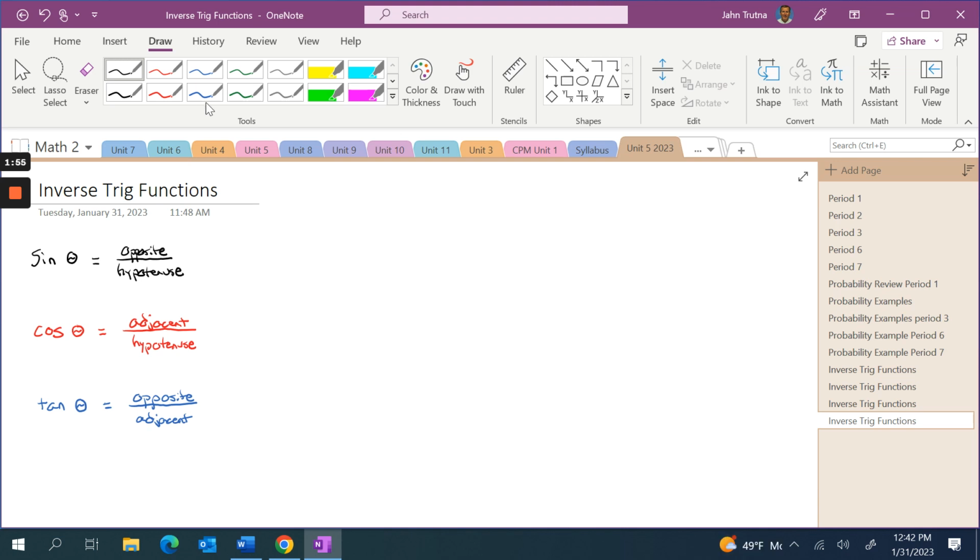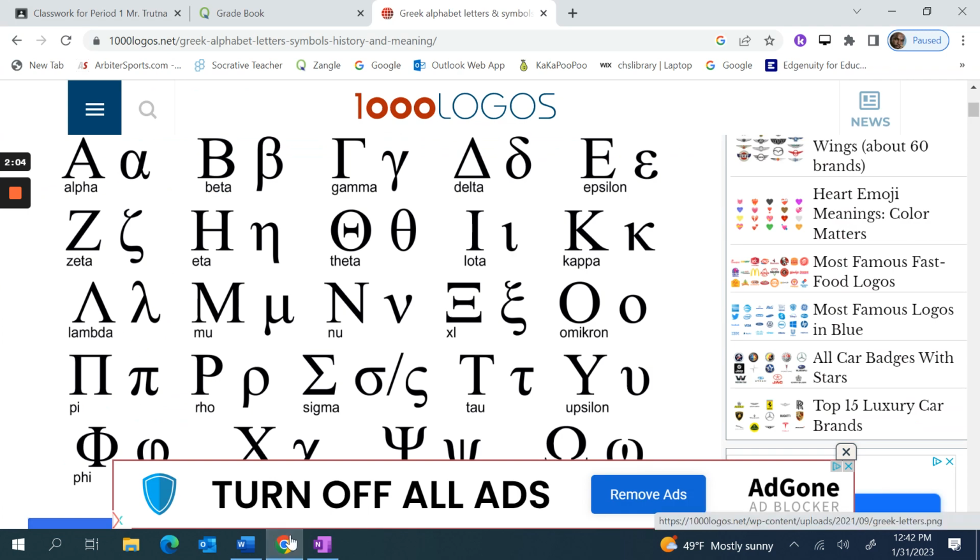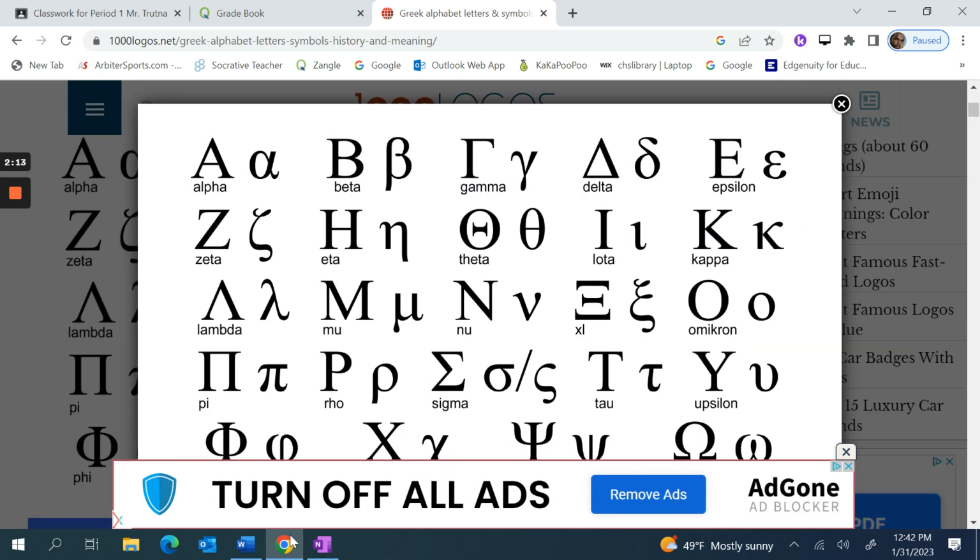Okay, now, before we actually work out the three examples, just remember that this symbol right here, that 0 with the squiggle through it, is a Greek letter known as theta. There is theta right there, where my cursor is going over.